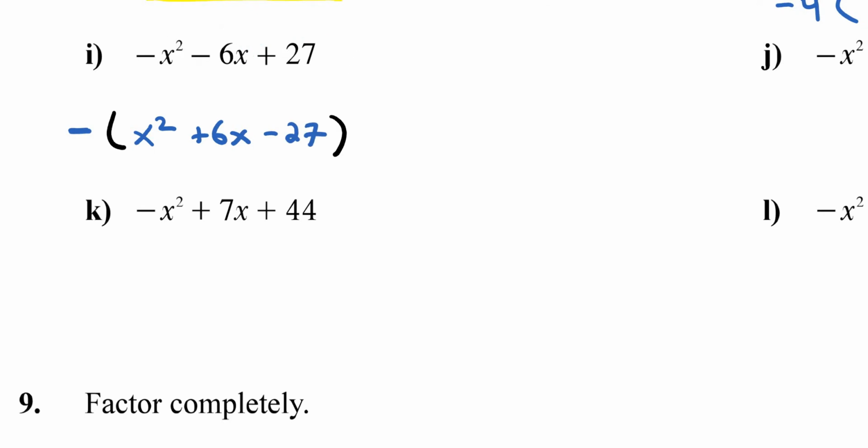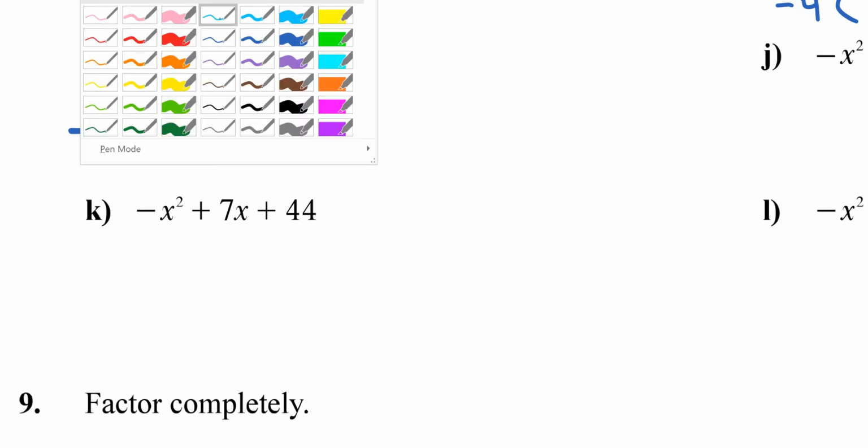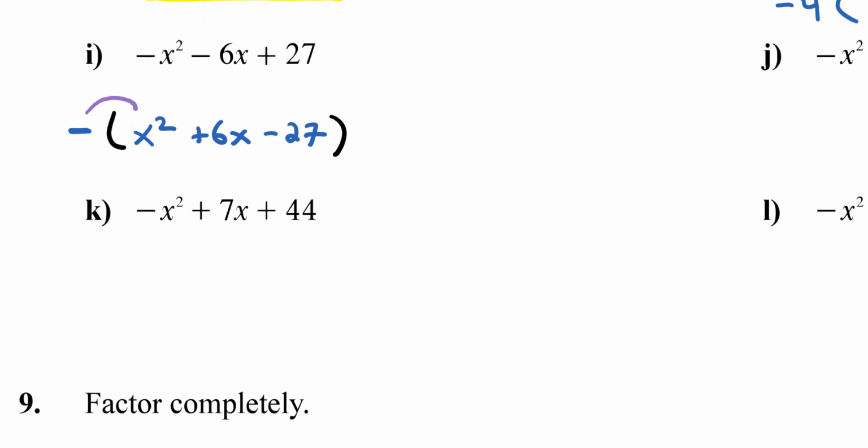Now, if you think about this carefully, you can verify your work by distributing. Negative times x squared is -x squared. Negative times positive 6x is -6x. And this negative sign times -27, a negative times a negative gives you a positive, right? So that's another way you can verify if you factored out the negative sign correctly. After that, you just need to factor this trinomial here.